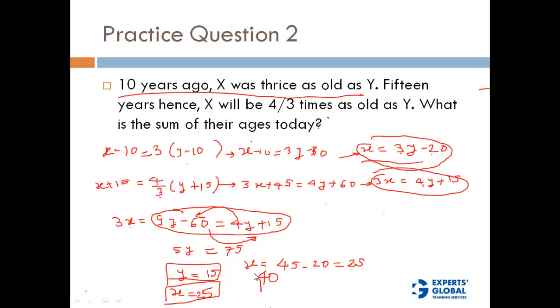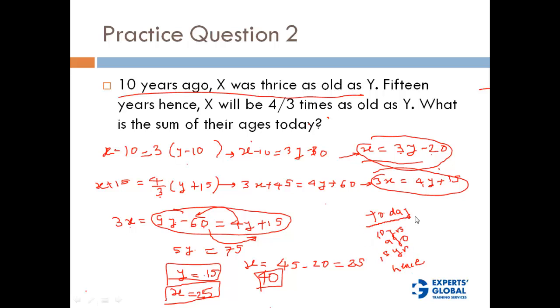Now how do we verify whether this answer is correct? Let's look at 10 years ago, when x was thrice as old as y. Let's form a table just for simplicity's sake. Let's say this is today, 10 years ago, and this is 15 years hence.